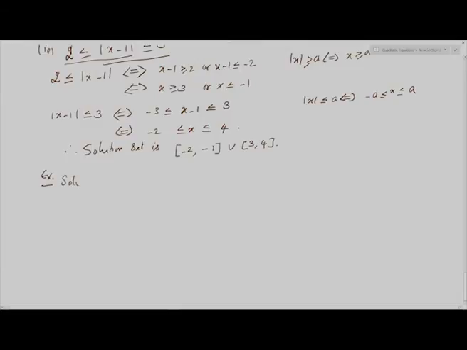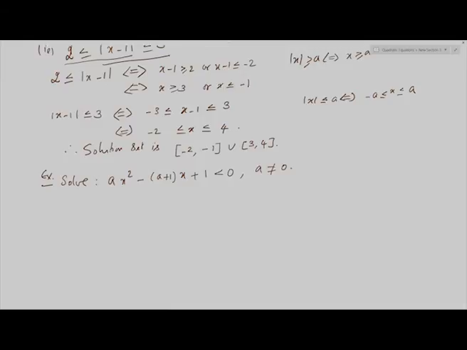I want to solve ax square minus (a plus 1)x plus 1 less than 0, where a is a constant, a non-zero number. So, how to find the value of x so that this inequality is satisfied?